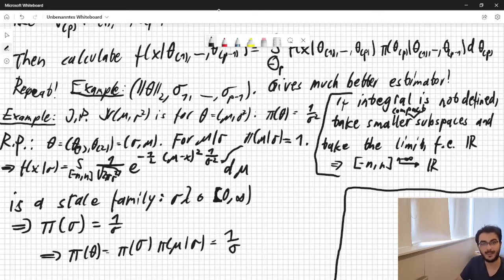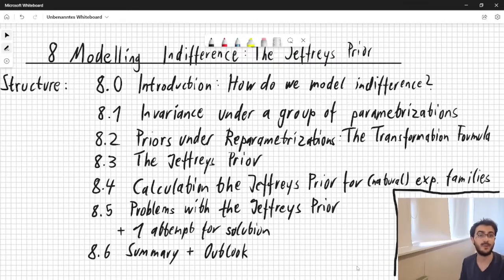Okay, let's go back. So we've gone over this very, very long journey, and we've seen how to calculate the Jeffrey prior. We've seen that the Jeffrey prior fulfills the one property which we really wanted to have, which is invariance under reparametrizations.